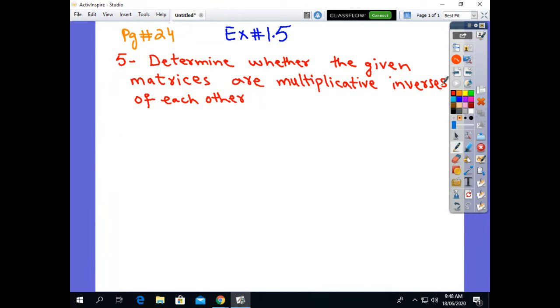The question is: determine whether the matrices are multiplicative inverses of each other or not.